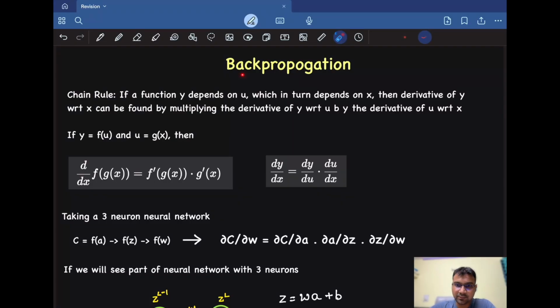Let's see what back propagation is. Earlier we saw what gradient is, and we need to compute the gradient of a cost function with respect to every weight and bias to effectively optimize it. Back propagation is an algorithm that helps us in that process, to compute the gradient with respect to each weight and bias of a network.